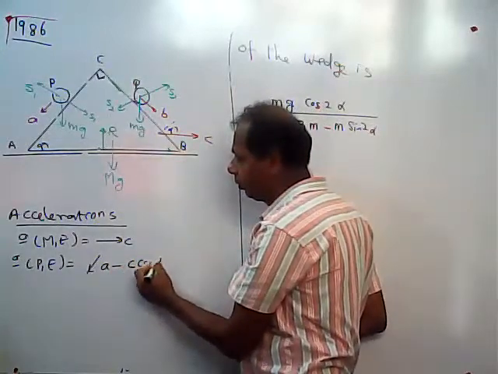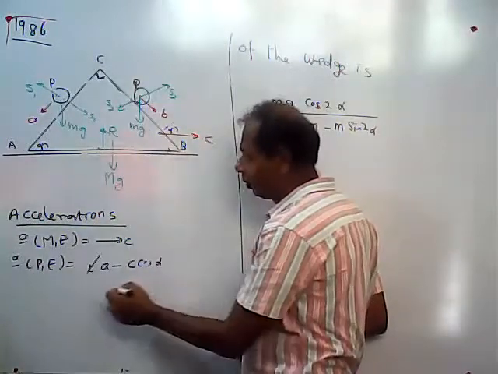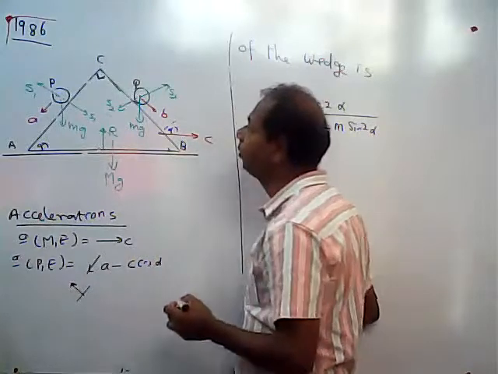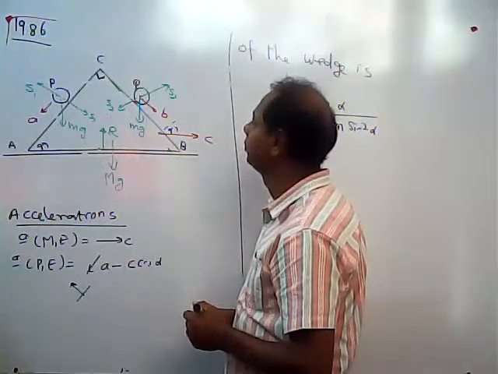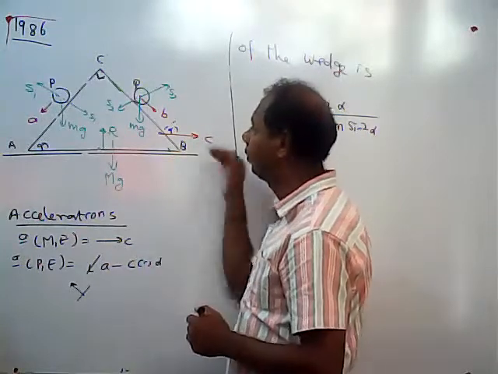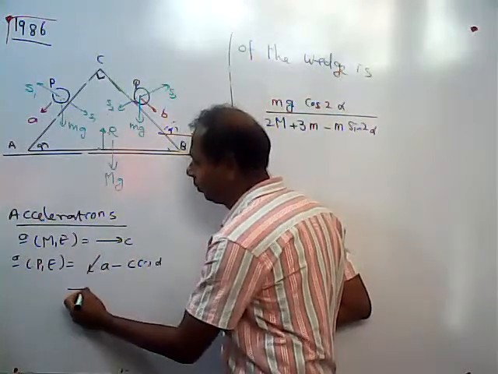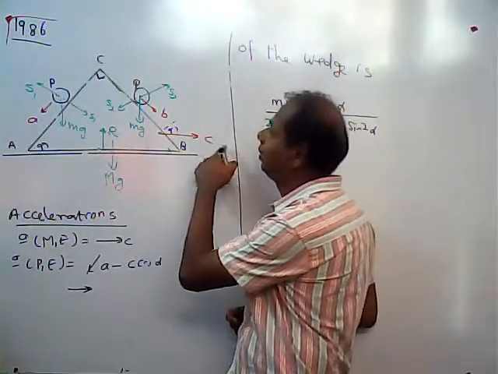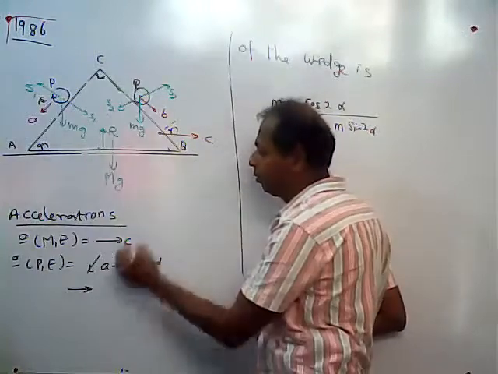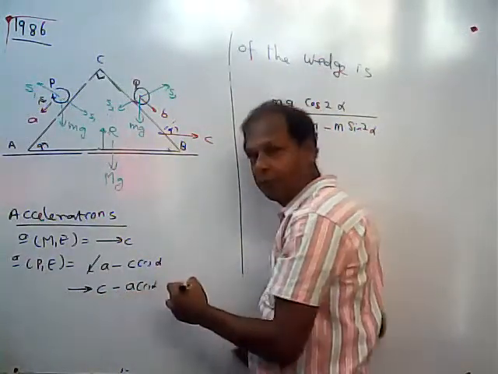Then perpendicular to the plane. Now horizontally, it will be C minus A cos alpha. Taking horizontally, it will be C minus A cos alpha.